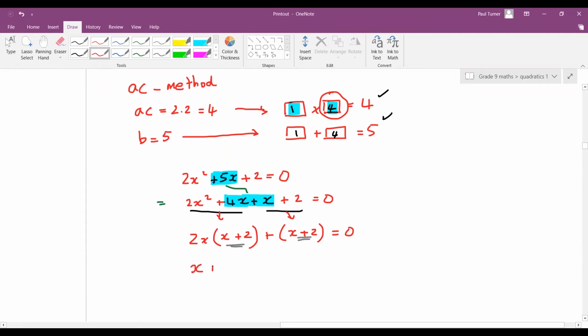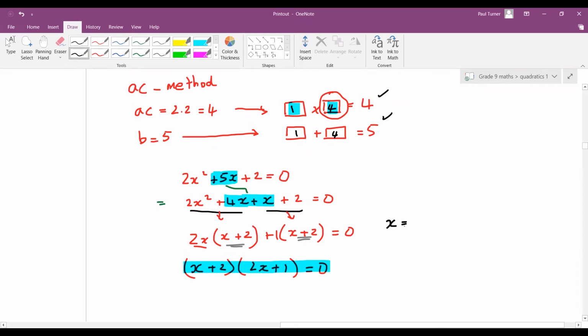I'll write it here. Okay, and then I'm left with 2x plus 1. There's always a 1 written there. 2x plus 1 equals 0. Okay, so these are your factors. And now I can solve them. I'll write it here.